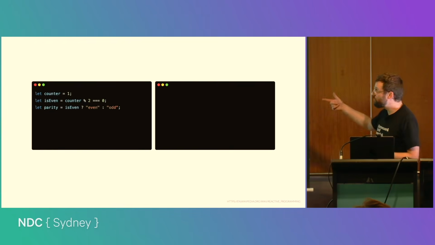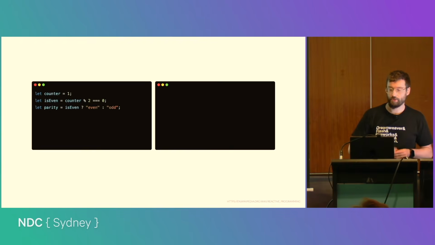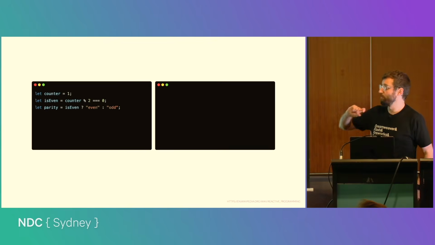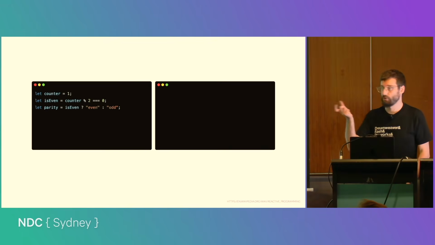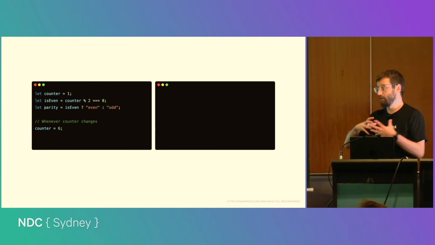So if I have this example of a counter, and then derived values of that. I have an isEven, so if the counter is even, I want to set that to true. If it's odd, I want to set that to false, and then I have a parity variable that's just a string, even or odd. Whenever I change counter, the derived values don't automatically recalculate.